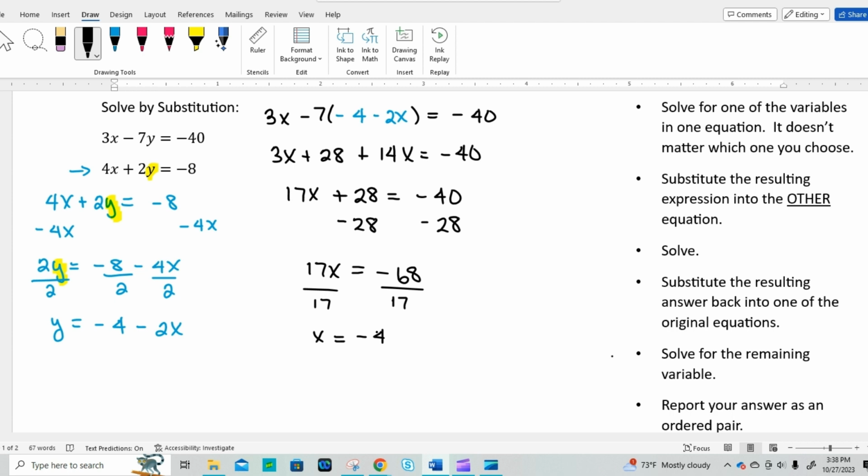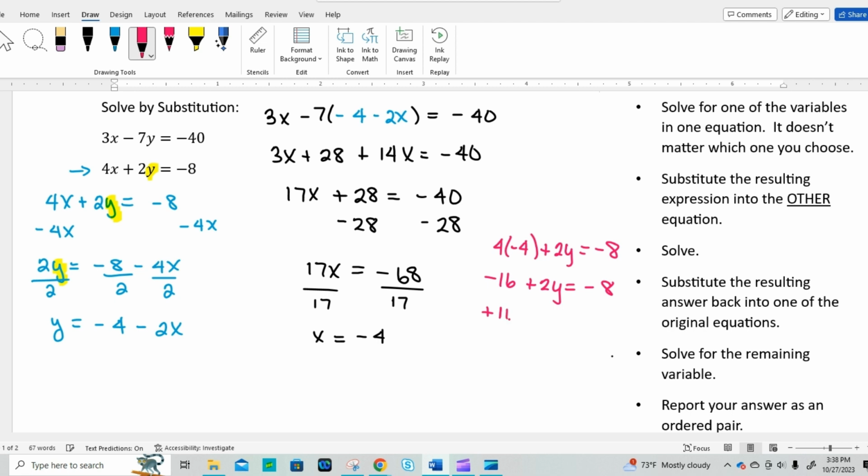Now I've got to take that answer and plug it back into one of these other equations. And I'll use the second one this time. It doesn't really matter, but I think the second one looks a little bit easier. So I've got 4 times negative 4 plus 2y is equal to negative 8. So I've got negative 16 plus 2y is equal to negative 8.